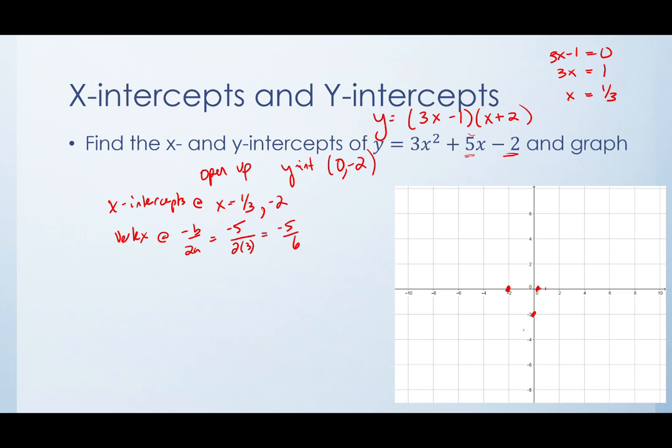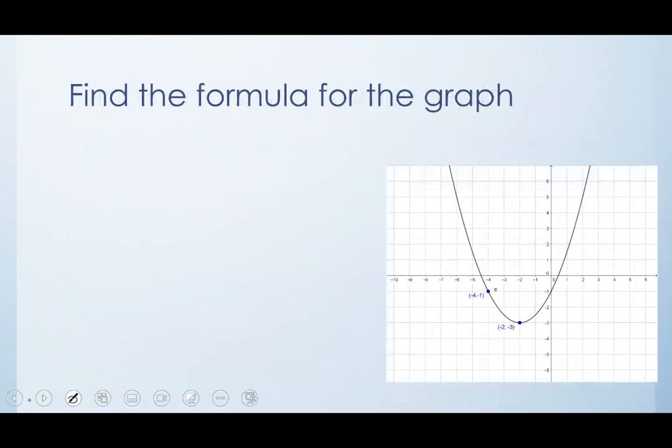We can just kind of estimate, because I don't want to plug it in. Close enough, right? That's roughly what our graph's going to look like. So our x-intercepts are (1/3, 0) and (-2, 0), and our y-intercept at (0, -2). Done.